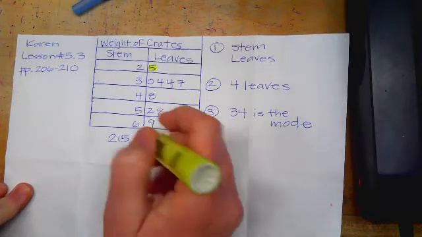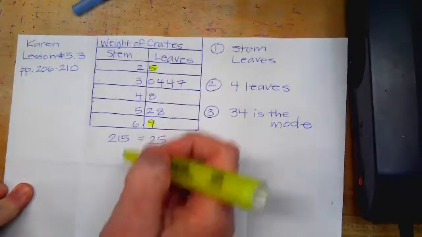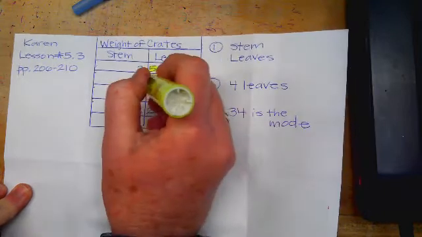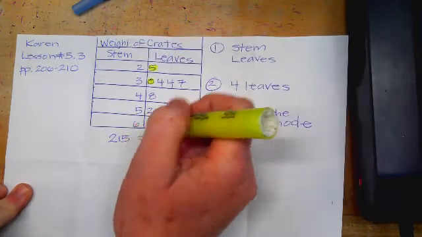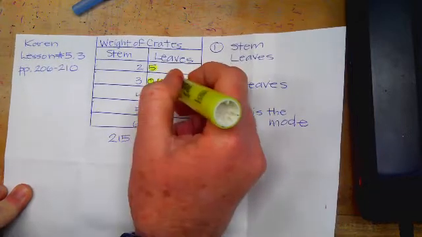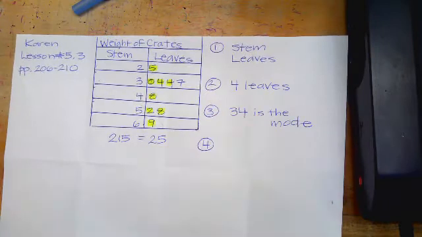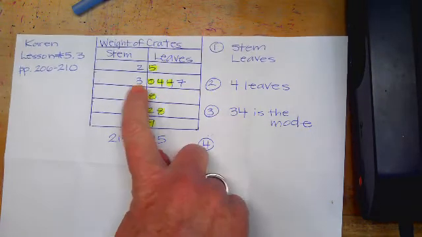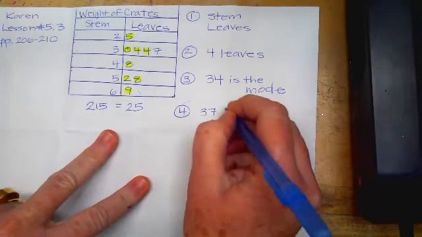This is in order from least to greatest. This would be my first number, 25. That would cancel out 69. Remember, because we go in partners. Then I have 30, and then I have 58. Then I have 34, and then I have 52, and then I have 34, and then I have 48. So my median is going to be 37.